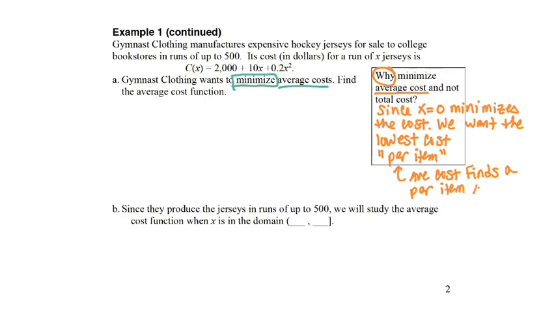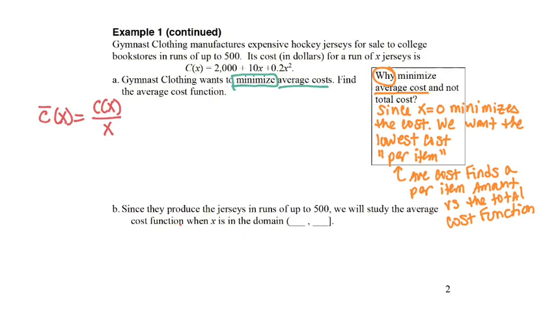Average cost finds a per item amount, versus the total cost function, which just finds an at the end of amount. So now we know we want to focus on the average cost, which we usually write C bar of x. Hopefully you remember that from, was it chapter 2?